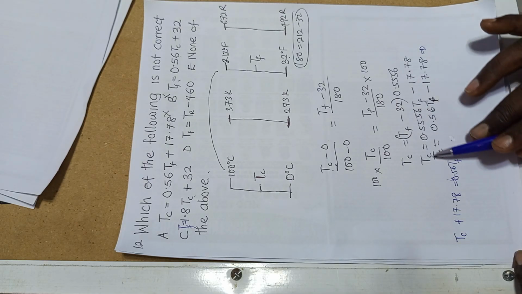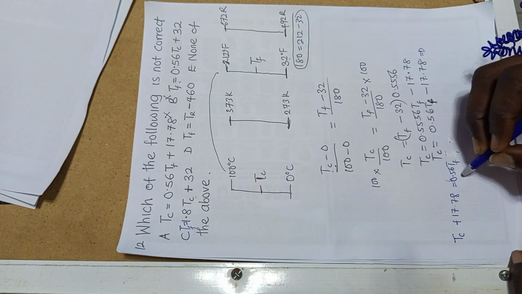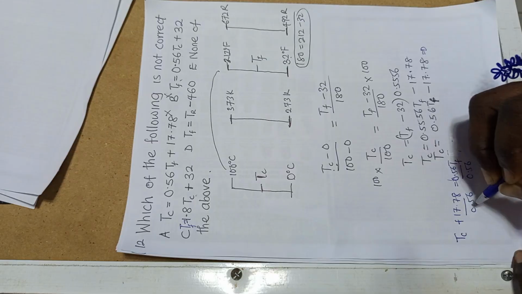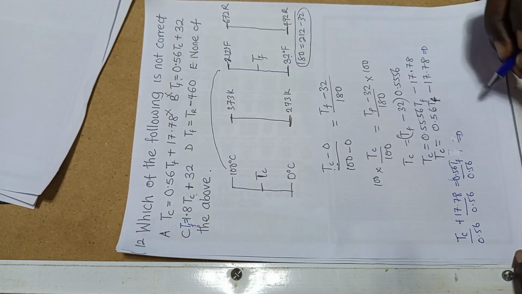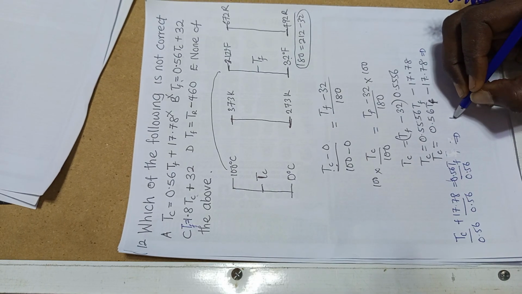What I did was bring this one here, it becomes plus. Then we divide both sides by 0.56. So 1 divided by 0.56 will give us 1.8 approximately.